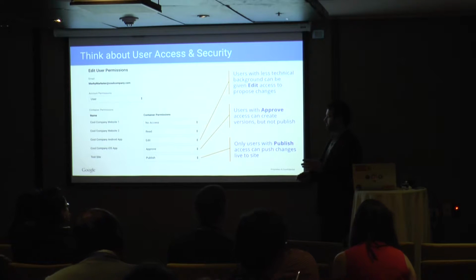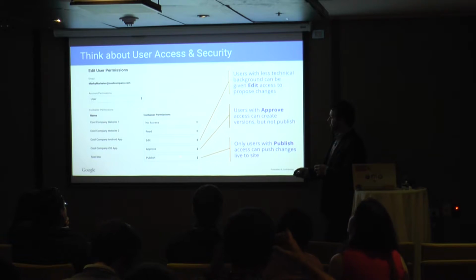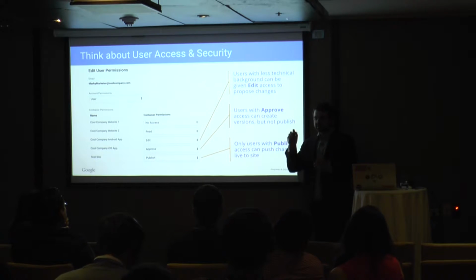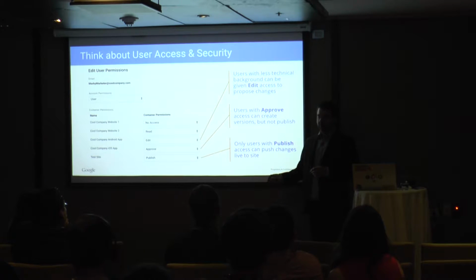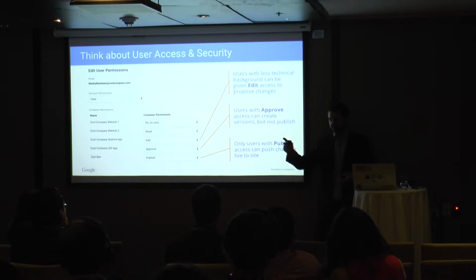The first thing I would say is the number of people who should have publish access should be very small, right? And depending on who you are, if you're a company that's extremely concerned about data security or changes made to the website, maybe only somebody in the IT team should have publish access, and it should still take an email or a conversation to hit the publish button.